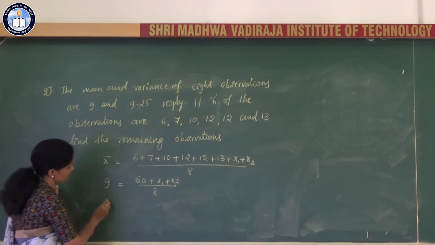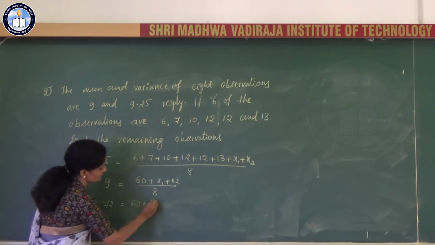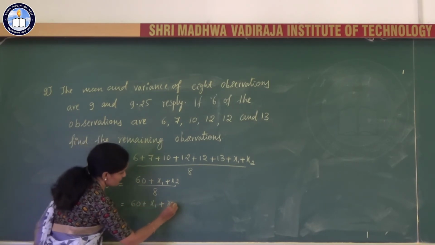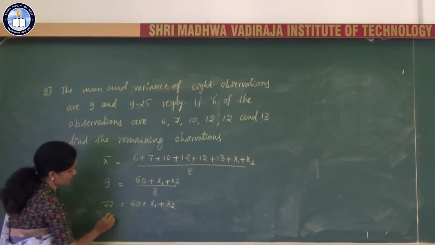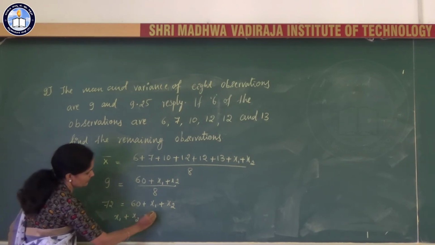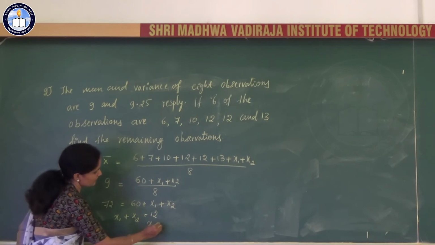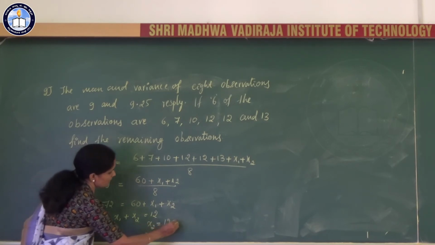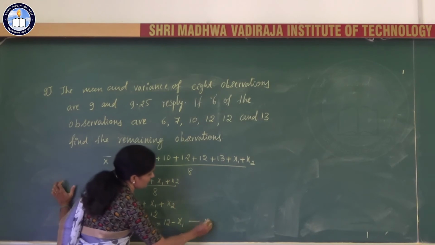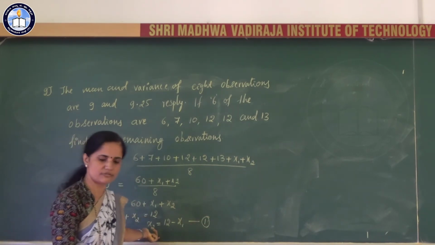If I multiply, 9 into 8 is equal to 72, which is equal to 60 plus x1 plus x2. Therefore, 72 minus 60 is 12. The x1 plus x2 value is equal to 12. So I will define x2 in terms of x1: x2 is equal to 12 minus x1. I will call this the first equation.